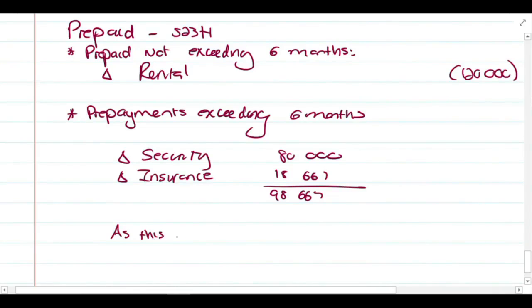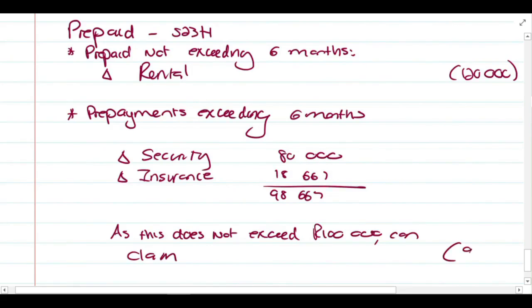As this does not exceed 100,000, we can claim it. And there we go, 98,667.